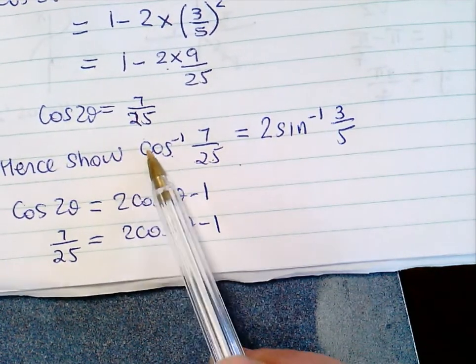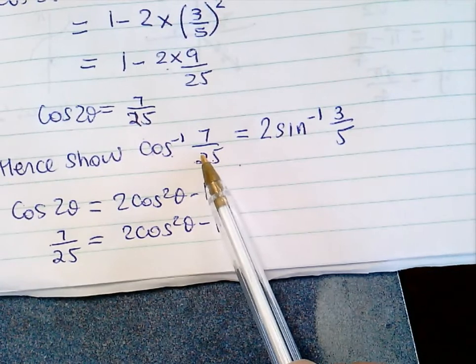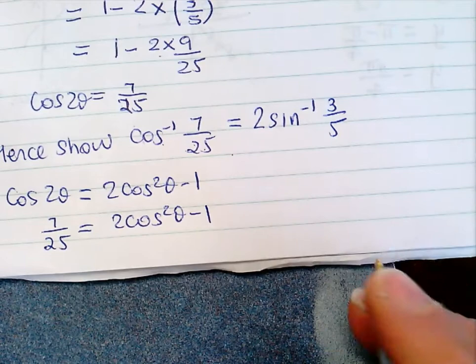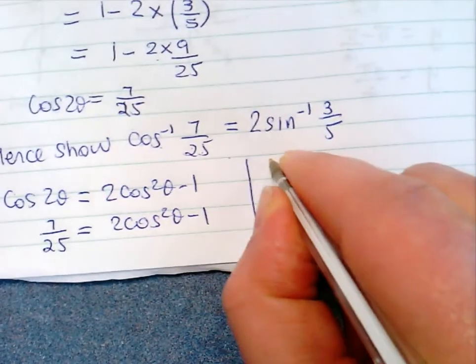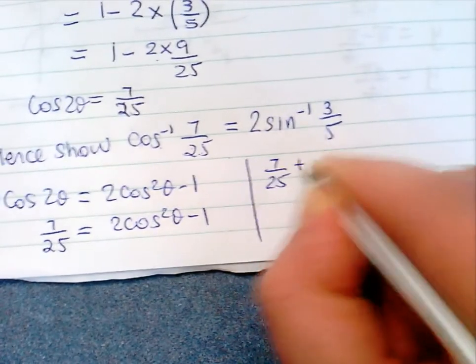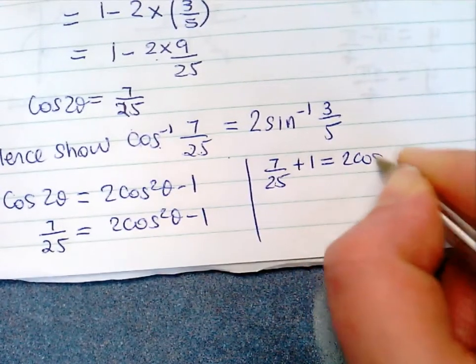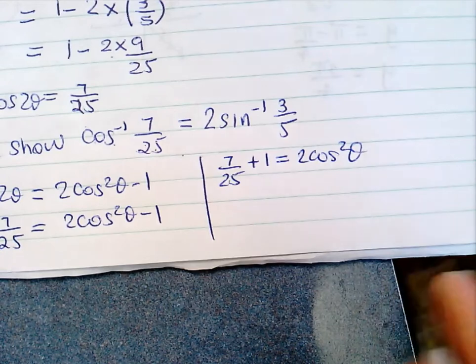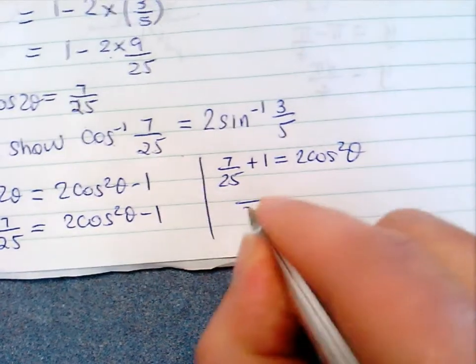Because if you let theta equal that, what are we going to do? What do you think you'll do? Add 1? So 7 over 25 plus 1 equals 2 cos squared theta. Yeah, this is going to work. Can you write that as one denominator?